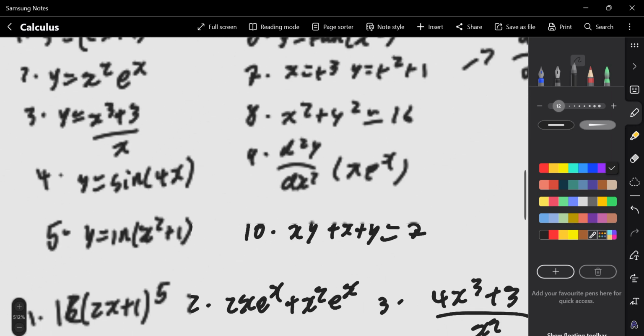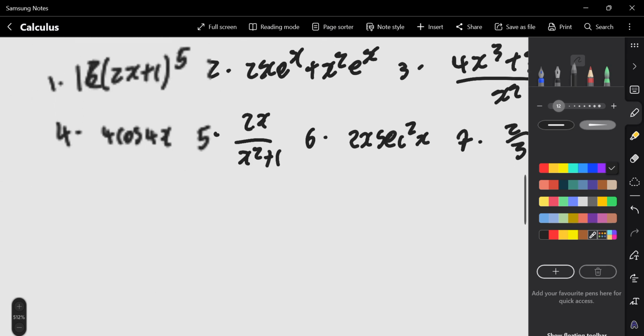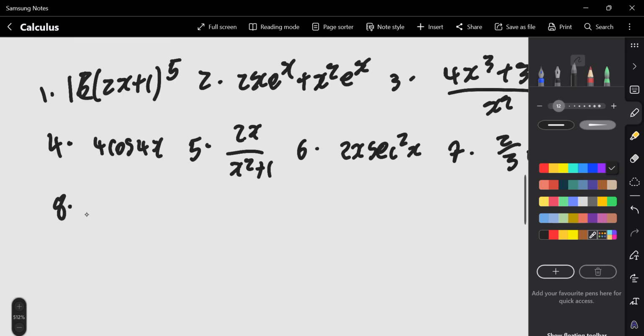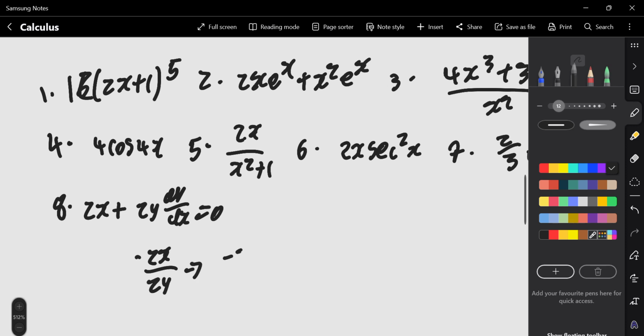Number 8, x squared plus y squared equals 16. You're going to get 2x plus 2y dy by dx, so that equals 0. So minus 2x over 2y, which is just going to be minus x over y. Number 9.